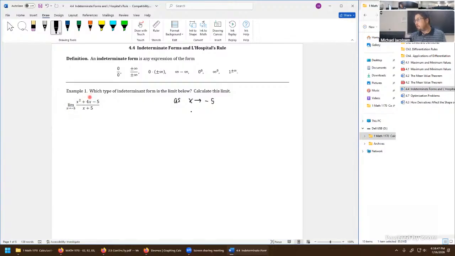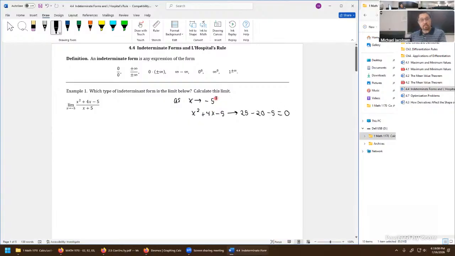The numerator, x squared plus 4x minus 5, doesn't equal something when we plug in negative 5, but it tends towards a value of positive 25 minus 20 minus 5, which is 0.